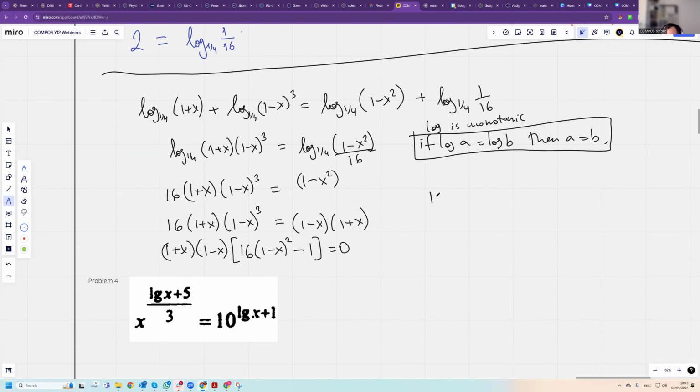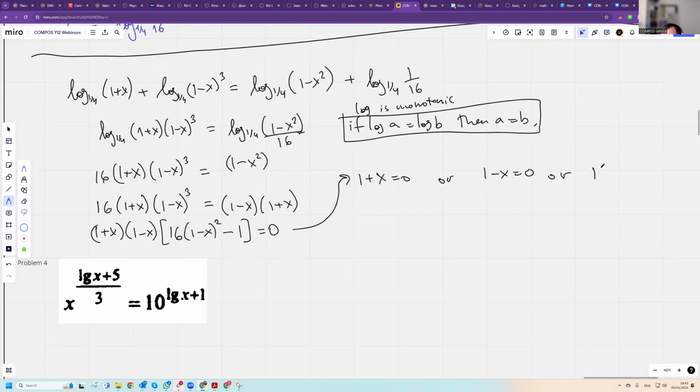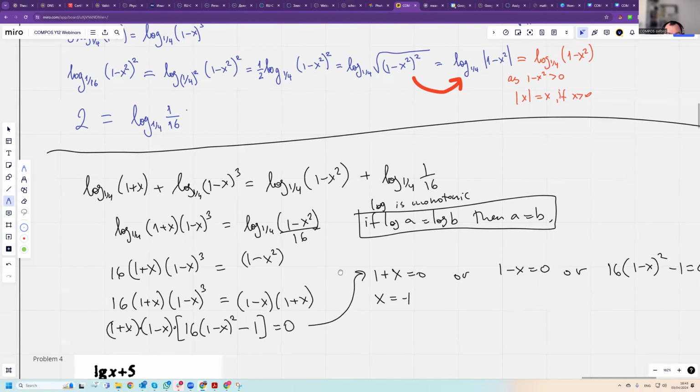And that means that 1 plus x is 0, or 1 minus x is 0, or 16, 1 minus x squared minus 1 is 0. So because this is a multiplication of three things, x equals minus 1. Is it a valid answer?